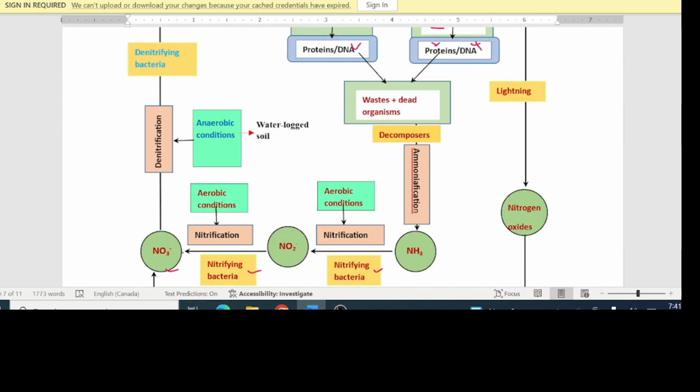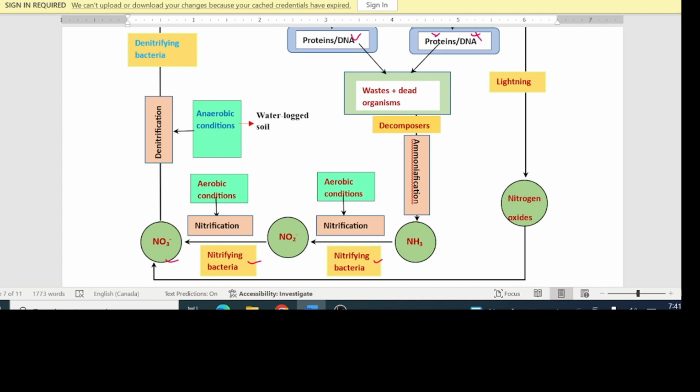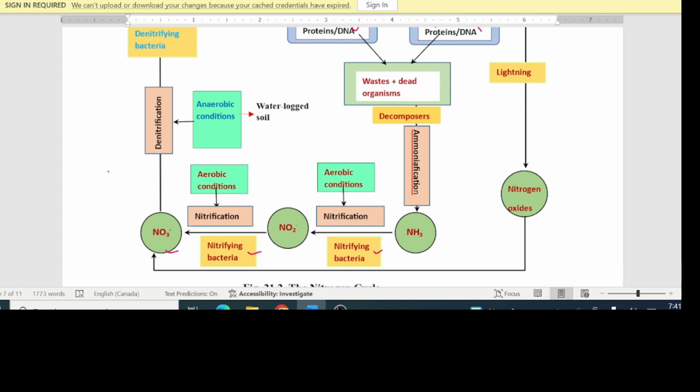Let us say that the soil now encounters anaerobic conditions, such as happens when there is a water log. When there's a water log, the water takes up the space where air is supposed to be, so there's no oxygen entering the soil. So what will happen now is that it will encourage the proliferation of anaerobic bacteria.